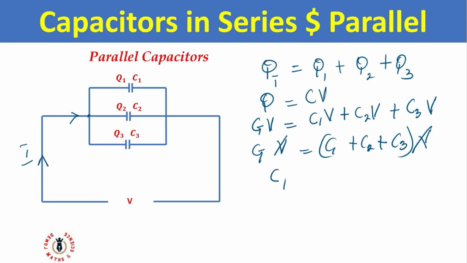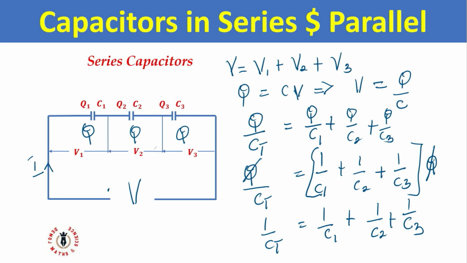So CT for capacitors in parallel will be C1 plus C2 plus C3. As a rule of thumb, when capacitors are connected in parallel, we simply add the individual capacitances. But when capacitors are connected in series, we take the inverse of the capacitances.